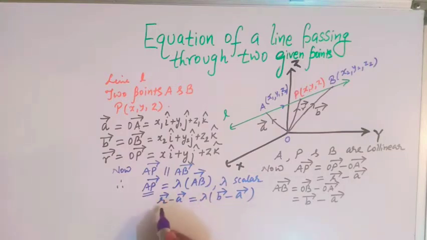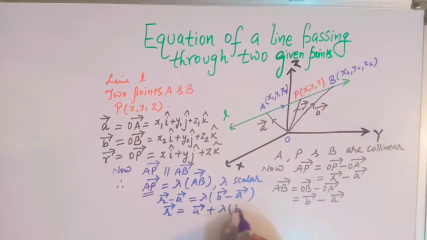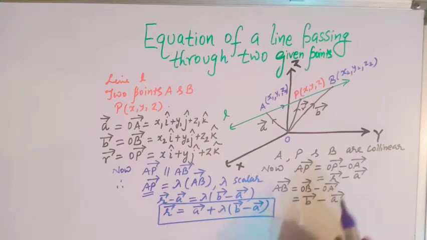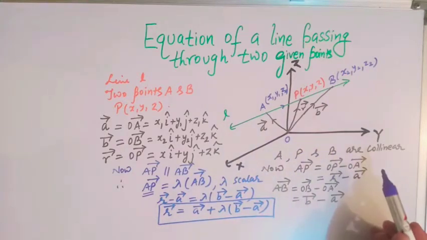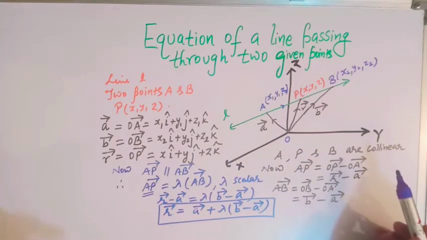Now if we simplify this expression, taking vector A to the other side, we can write vector R as vector A plus lambda times vector B minus vector A. So viewers, this is the vector equation of a line which passes through two given points.